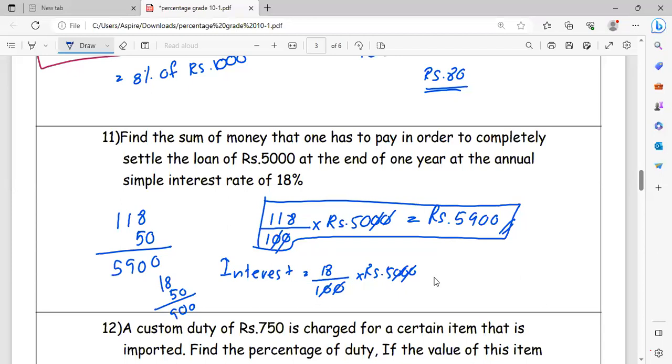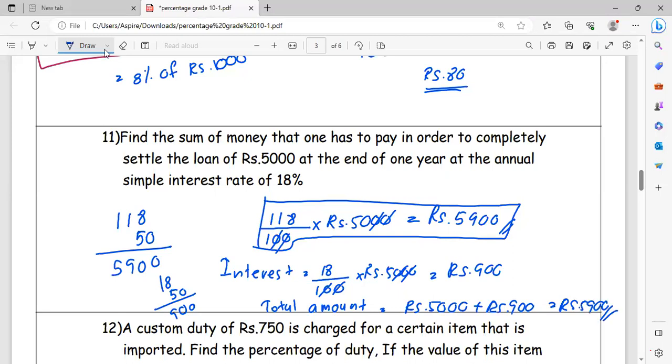It is 900. Interest is 900. To settle the loan, the total amount that has to be paid is 5,000 plus 900. That means the same answer, 5,900.